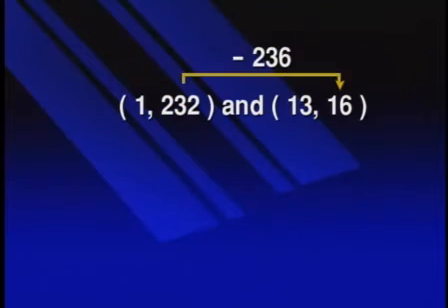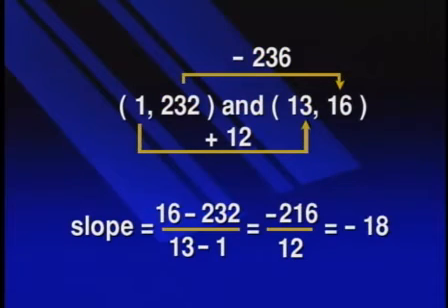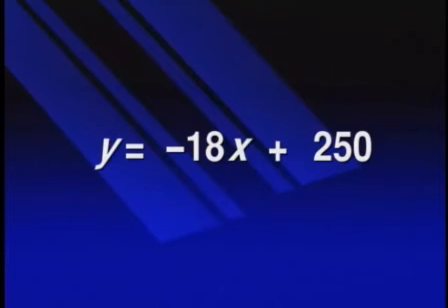Between those 2 points, the change in y is 16 minus 232 divided by 13 minus 1, which gives us a quotient of negative 216 divided by 12, which is again, luckily, negative 18. We have come full circle back to the algebraic or symbolic equation of y equals negative 18x plus 250, which is the equation of the loan repayment plan.